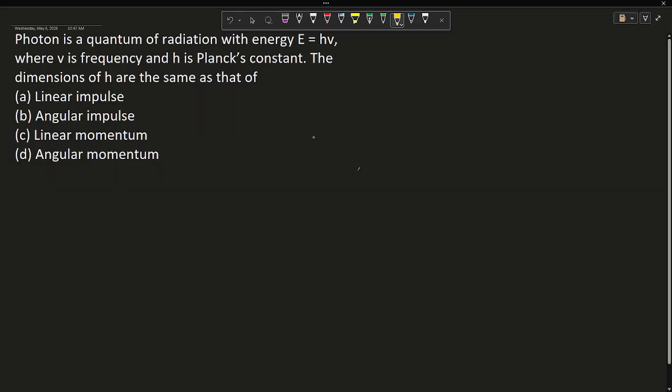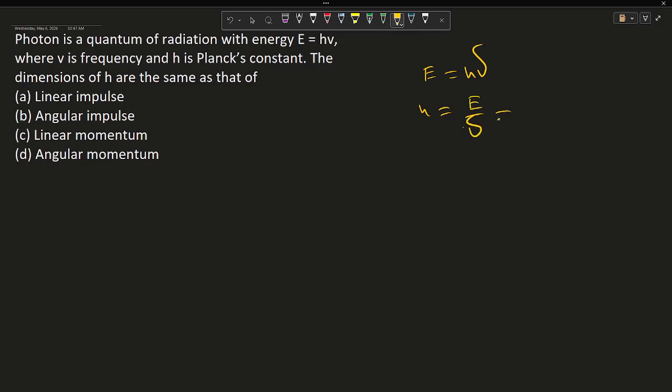Next one: photon is a quantity of radiation of energy E equals h nu. Nu is the frequency, h is Planck constant. The dimension of h is the same as which quantity? First, we should find the dimension of Planck constant h. Let's use this formula: h equals E by nu.